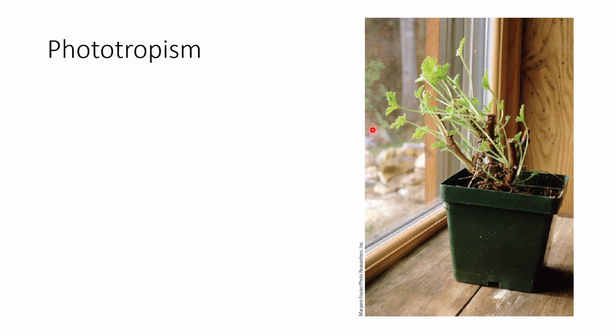The root cap is the site of gravity receptors in roots. If you remove the root cap, the root continues to grow, but it can no longer grow downward in response to gravity.